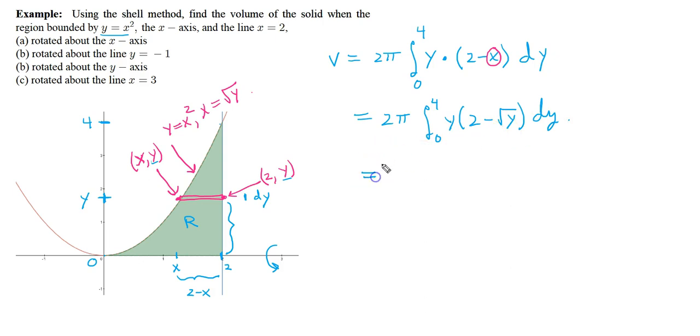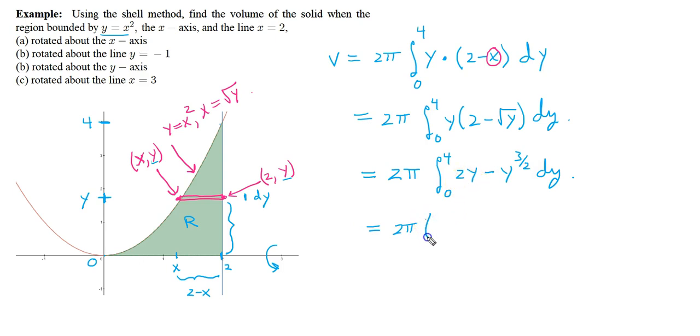So we'll find a numeric answer for this one, and then the other ones we'll just set up the integral and you can evaluate them. So this is going to be 2 pi integral from 0 to 4 of 2y. Now y times root y is y to the 3/2.